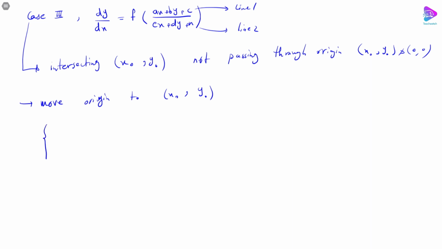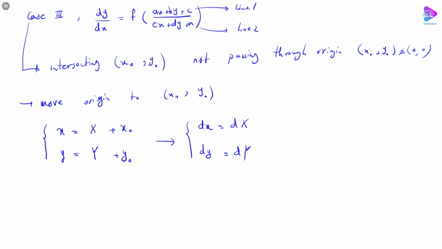Basically we're going to say x would be equal to x capital plus x0 and y would be equal to y capital plus y0, and note that in such a case dx is equal to dx capital and dy is equal to dy capital.